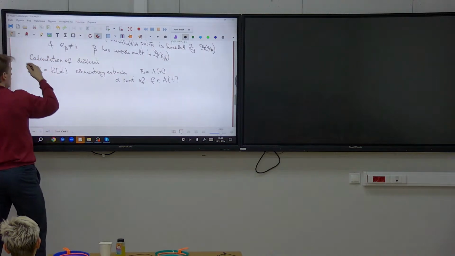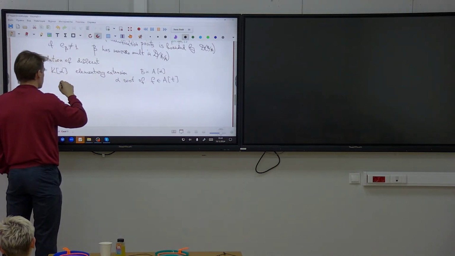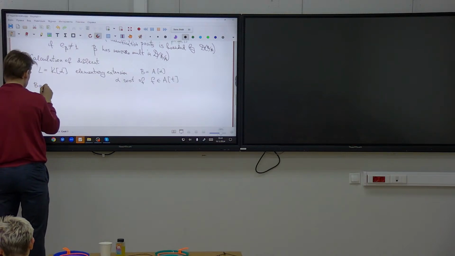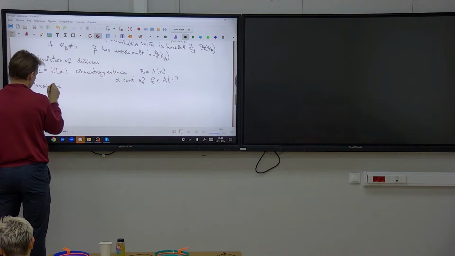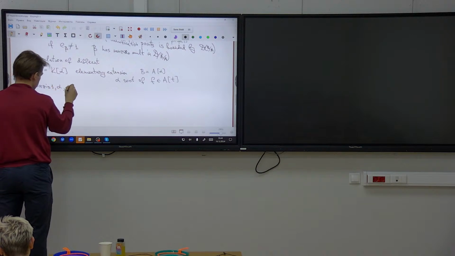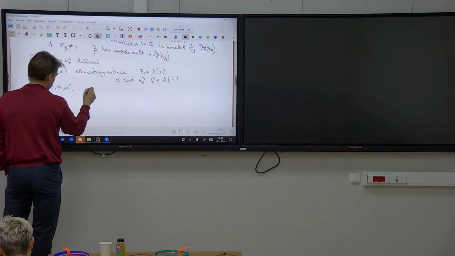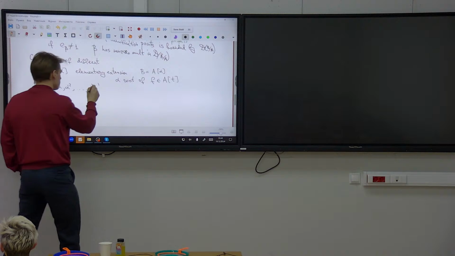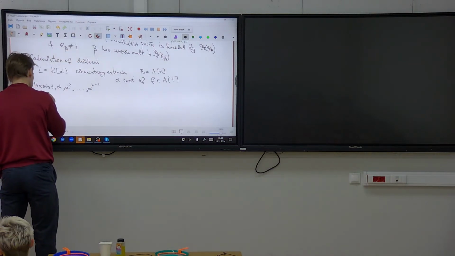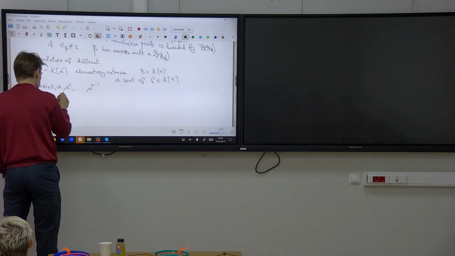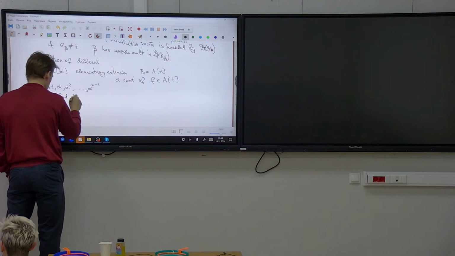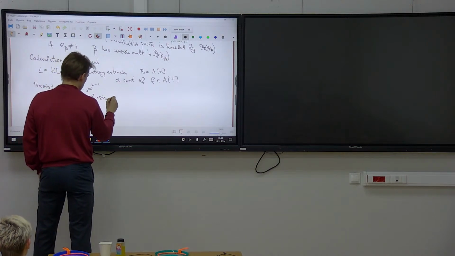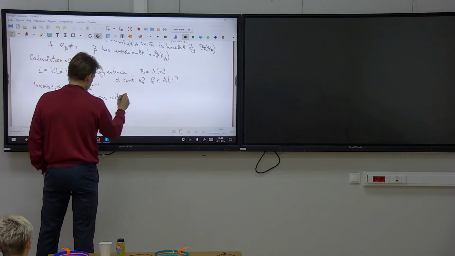But now we just consider the abstract problem. So now we have a basis 1, alpha, alpha square, etc., alpha n minus 1. And our aim is to find the dual basis with respect to the trace map.